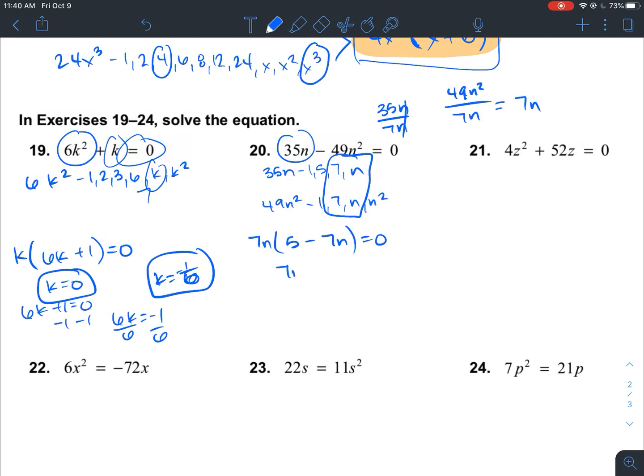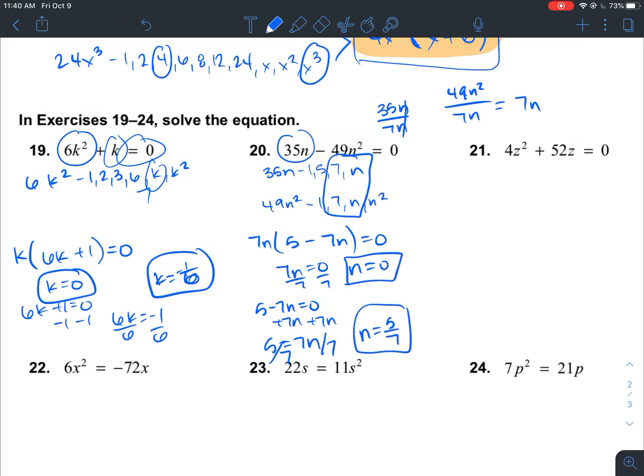So 7n equals 0, divided by 7, divide by 7, so n is equal to 0. And then I have 5 minus 7n equal to 0, so plus 7n. So 5 is equal to 7n, divide by 7, divide by 7, so n is equal to 5 over 7. So that would be the solution to our equation.